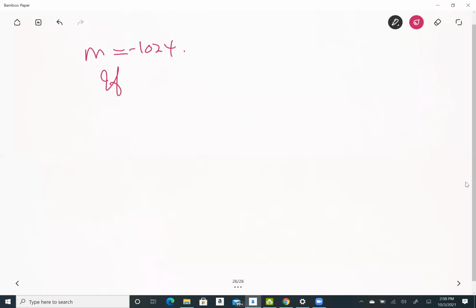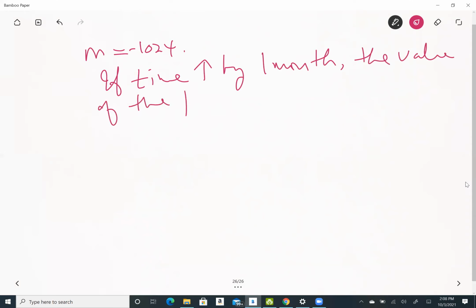If time increases by 1 unit, that means 1 month, then the value of the property will decrease by $1024. That is the interpretation.